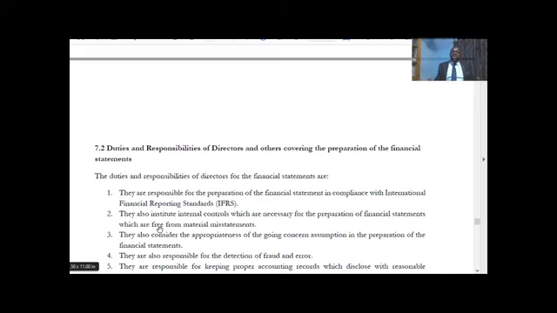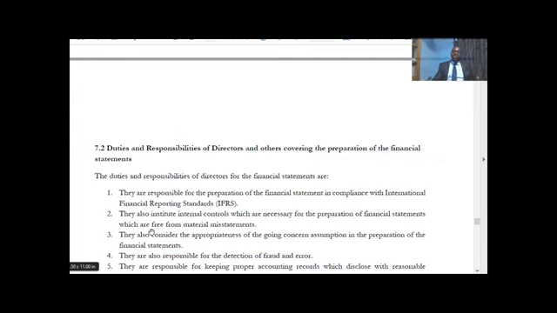The internal controls are structures that are put in place to ensure that the organization's resources and assets are safeguarded. So we will look at internal controls when you get to level 2, when you do audits, you'll be introduced to internal controls.